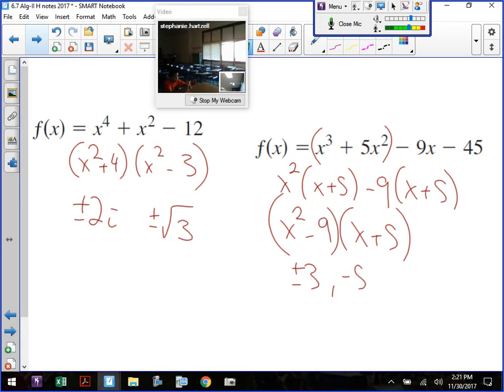Down, up. Where's it cross the x-axis? -3, -5, and +3. Where's your y-intercept on that one? Exactly. All these little bits of things that you can pick up just from looking at the actual problem, you can figure out where everything goes. Okay?